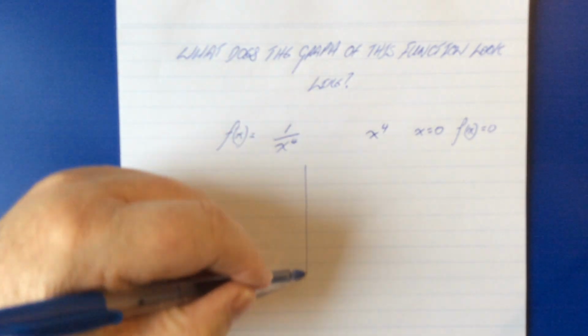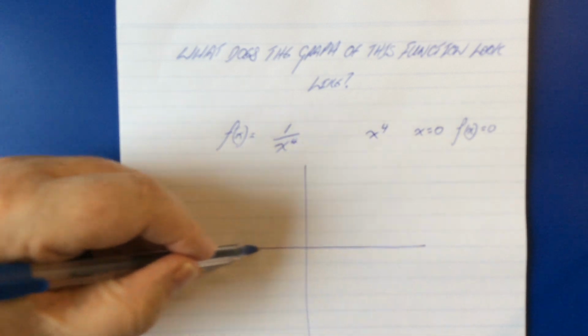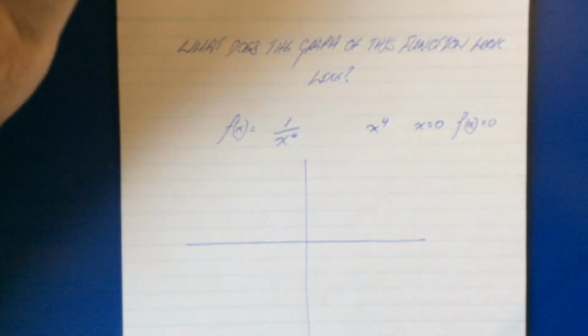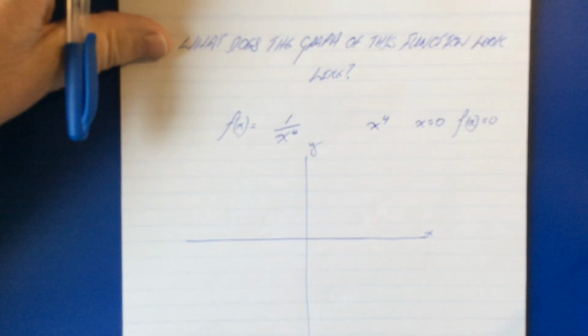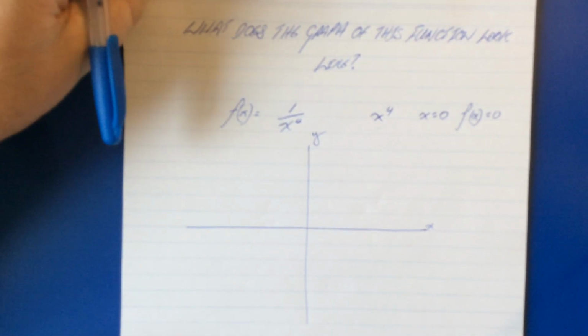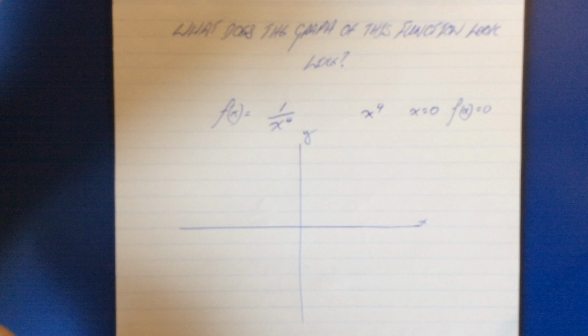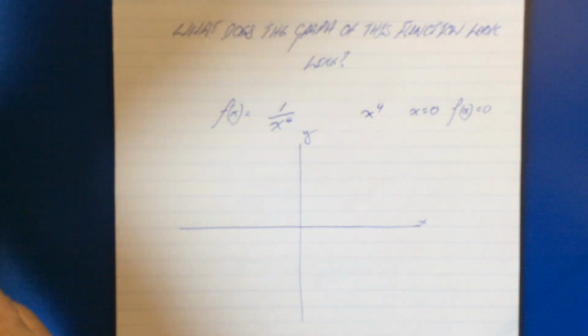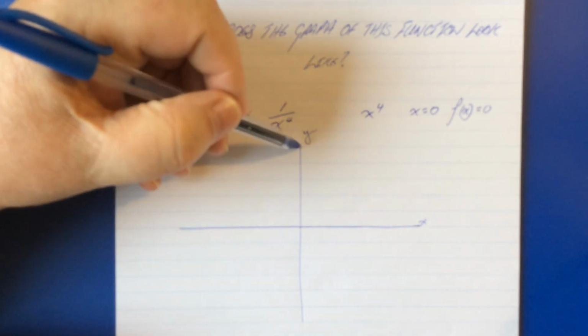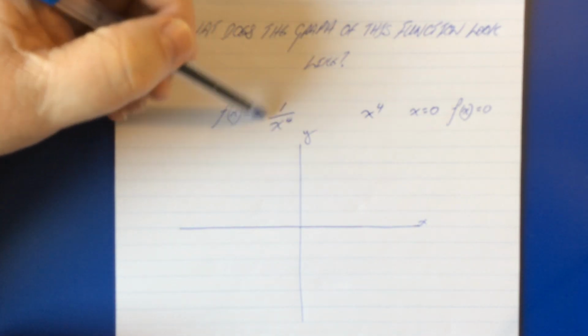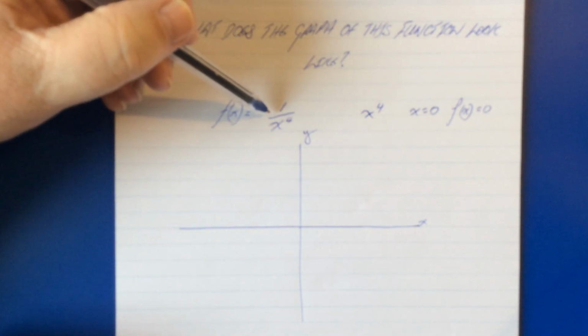So let's draw ourselves a very crude Cartesian plane, and we're just going to put some values into this. That's all we're going to do to figure out what the graph of this thing looks like. We already know that at 0 this thing has no real value.